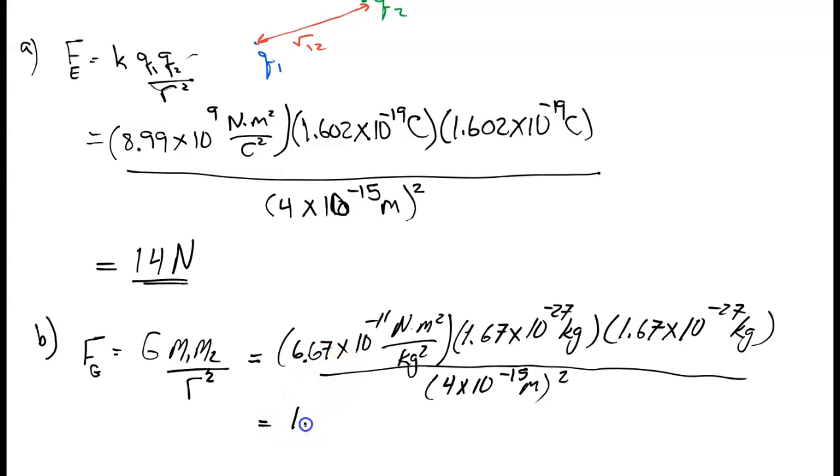Do this, and you get 1.2 times 10 to the minus 35th Newton. And you notice that relative to the electric force, the gravitational force is much, much smaller. So anytime the gravitational force exists with any of the other fundamental forces, like the electromagnetic force or the nuclear forces, it tends to be ignored because it doesn't contribute that much.